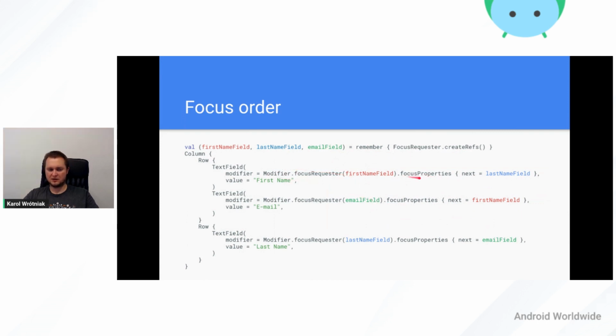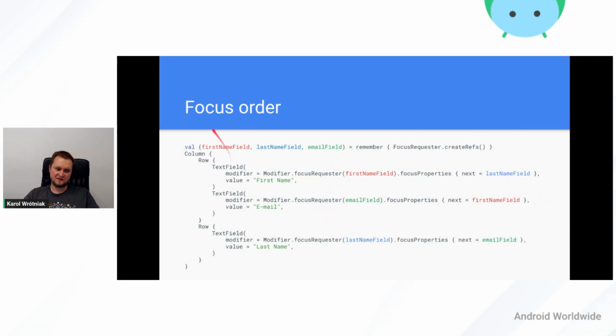And finally, in the focus properties, set what is the next focus requester. For example, here, normally focus goes from first name to email because those text fields are in the same parent. Last name is in another parent, but we say that the next node after the first name is the last name, which is here, and the email goes after the last name.